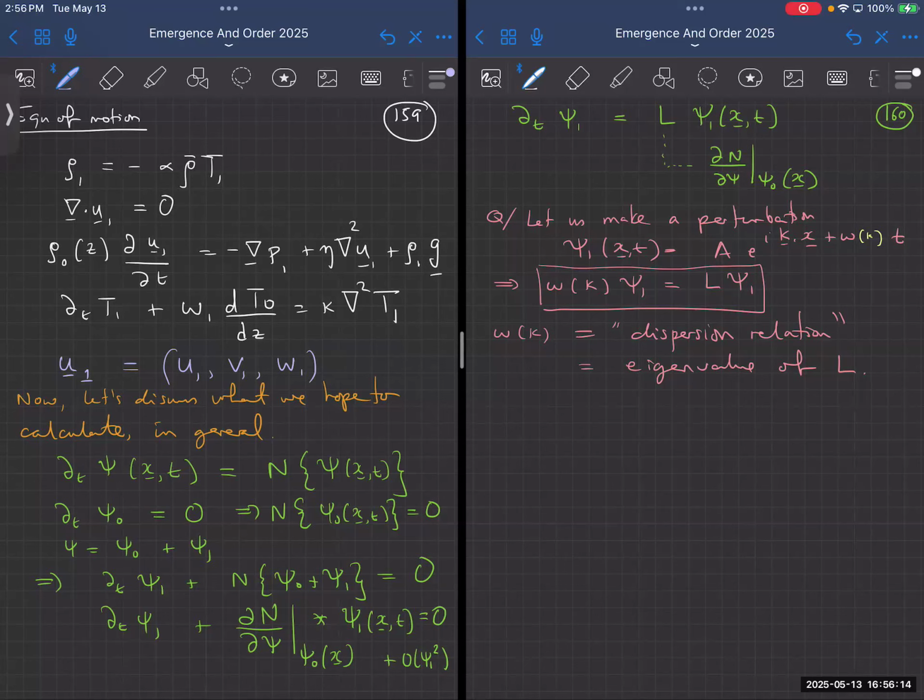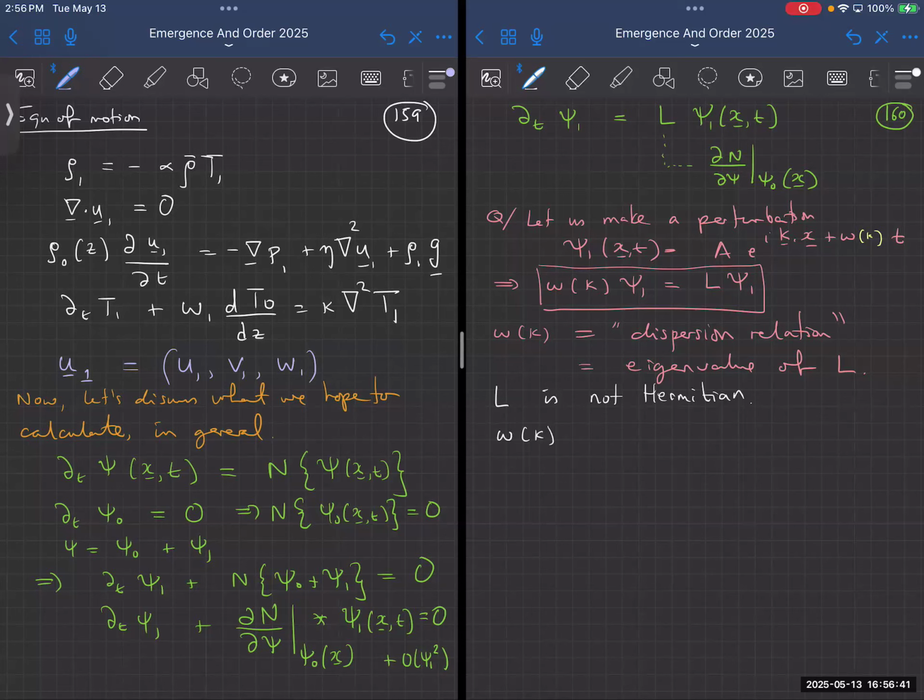But not so fast, because note that L is in general not a Hermitian operator. In fact, it may have very different mathematical properties than what you would have come to expect from quantum mechanics. So omega is the dispersion relation, but what is the physical significance of omega?